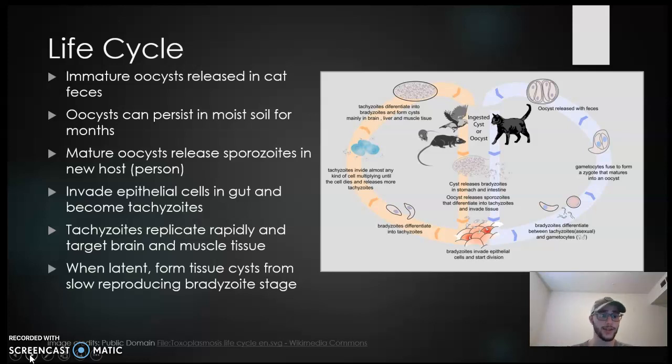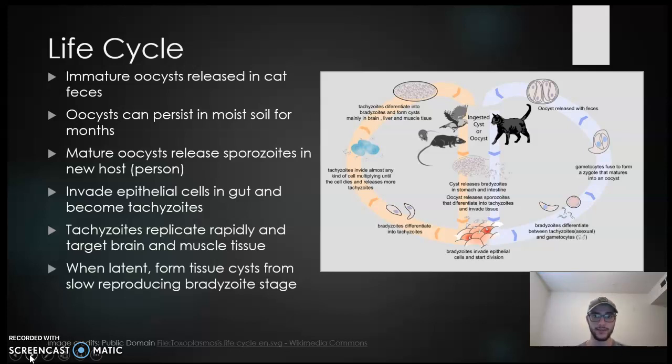So if it's a person, an animal, anything else, the oocysts release the sporozoites, and the sporozoites differentiate into tachyzoites in the gut, and then they infect any cell they can get into. And this is where the actual disease occurs.